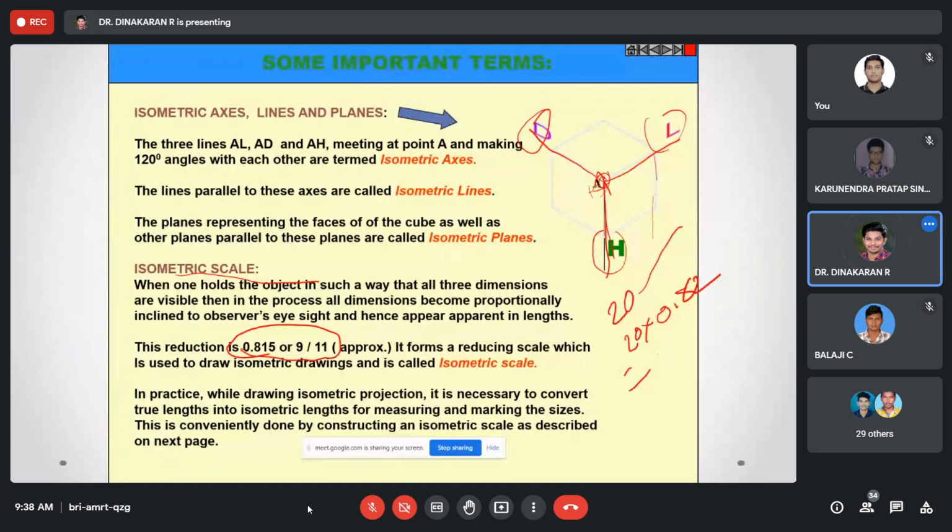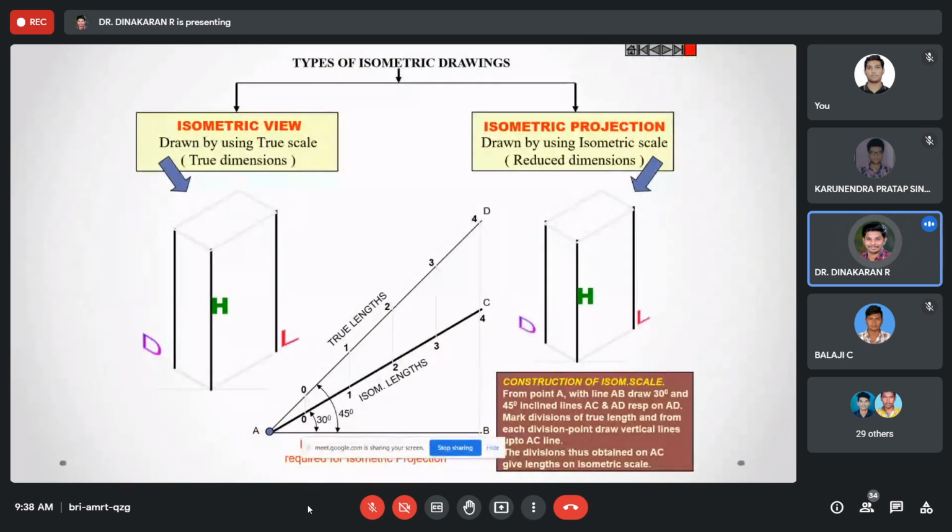So you see the conversion. I told you an isometric view means a true scale. If the height is 50 mm, we draw 50 mm directly. If the length is 60 mm, we draw 60 mm. If the width is 20 mm, we draw 20 mm directly.